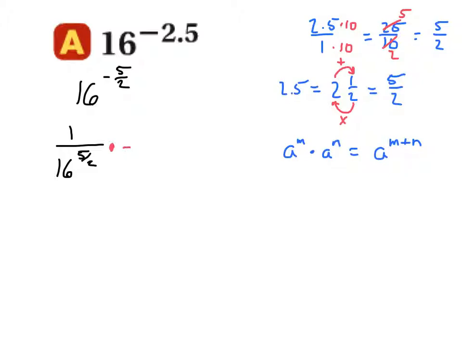We are going to multiply the top and bottom of this by 16 raised to some power, such that 5 halves plus something gives me 6 halves. It would be 1/2. So we have 16 to the 1/2 power over 16 to the 6 halves power, which is 16 cubed.